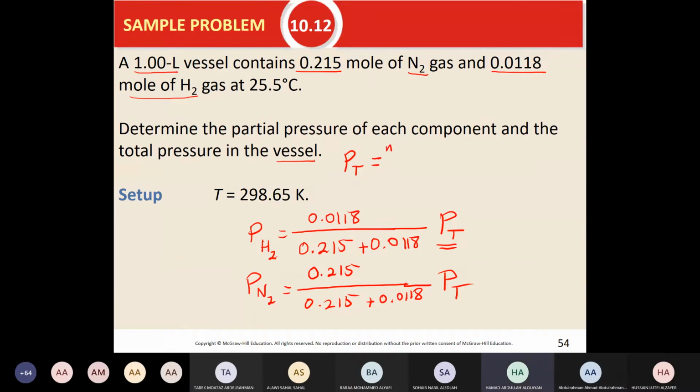Equal to nRT divided by V. What's n total? The total number of moles.